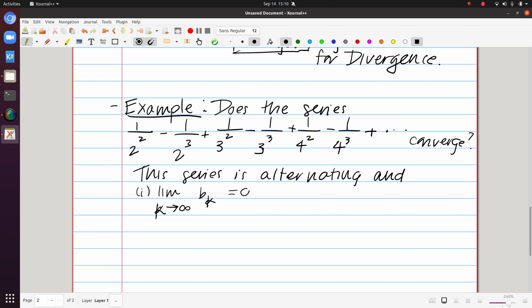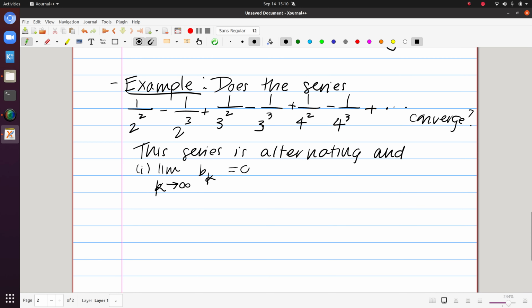Notice that these terms are approaching 0. But if you look at the second condition, it's not true that each term is less than the previous one in size.